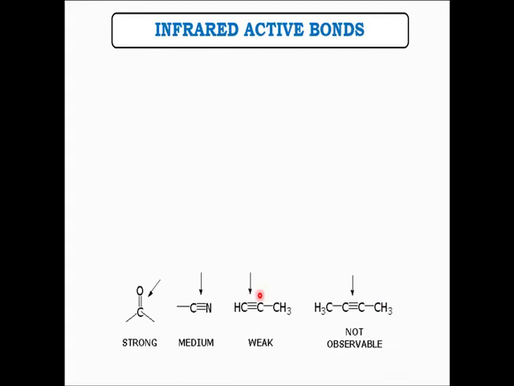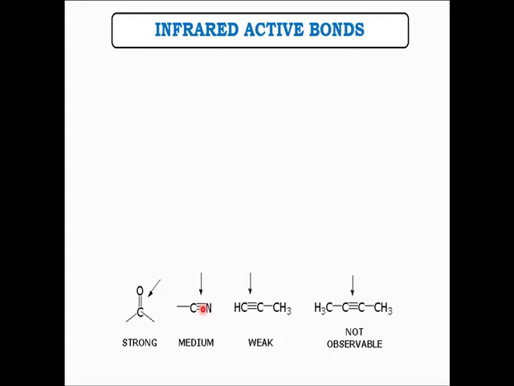Let's have a look at the various bonds, that is the covalent bonds, because mostly we are going to deal with the covalent bonds that exist in organic compounds. So let's have a look at carbon-carbon, then carbon-oxygen and carbon-nitrogen. So these all are IR active bonds.